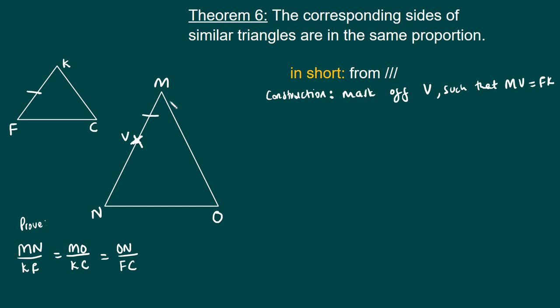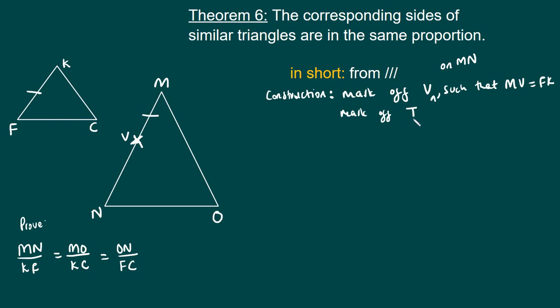Okay? So here you are also going to say mark off, right? If you're Miss Clady, I know you're going to use T, right? Oh, by the way, you must include where you are marking off. So mark off V on MN such that MV will be equal to KF.